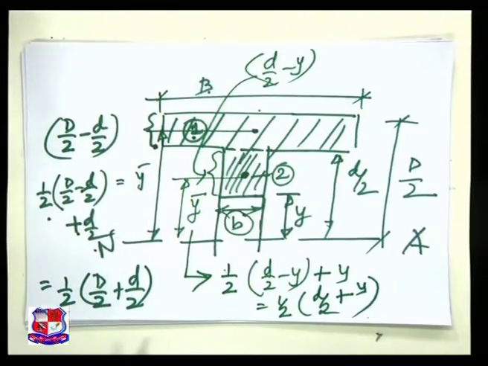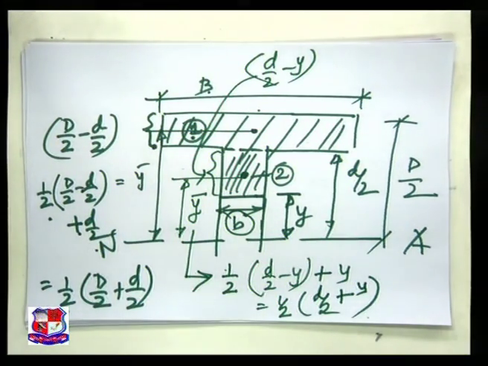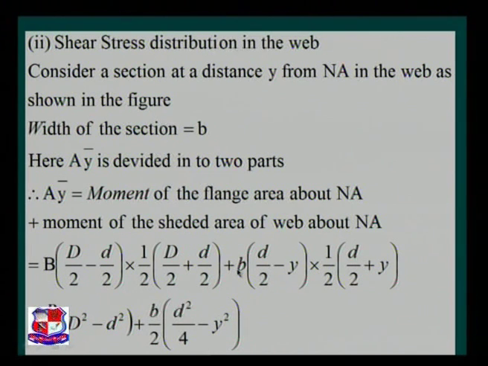So if you are referring to the same thing on this PPT, b cross d by 2 minus y is the area multiplied by half of bracket d by 2 plus y. This is the y bar for the second area. So overall, total AY bar is equal to the first part, the moment of the flange area about the neutral axis, plus the moment of the shaded area of the web about the neutral axis. Now simplifying this, please check it out.